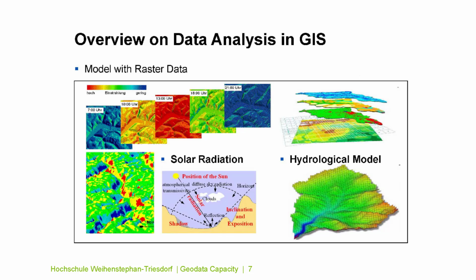What you have to remember here is that analytical functions are different depending on whether you analyze vector data or raster data. And some functions, like here the solar radiation, might not be possible with a vector data map. In this case, you might have to convert your data first. Another example is the raster calculator, which is very helpful, for example, to calculate a suitability map.